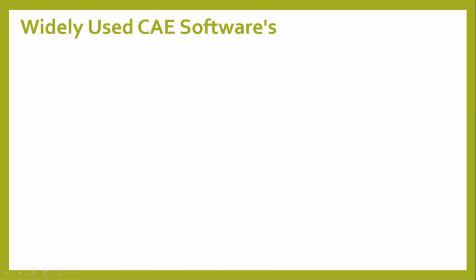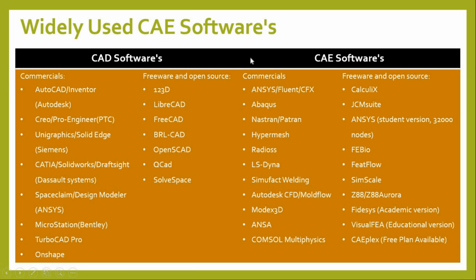Next, as we know there are different analyses, and there are also different software packages available in the market. When we talk about CAD software, the commonly used commercial ones are AutoCAD and Inventor, products of Autodesk, Creo, a product of PTC, Unigraphics, a product of Siemens, CATIA, SolidWorks, SpaceClaim, MicroStation, Bentley, Onshape, TurboCAD Pro.